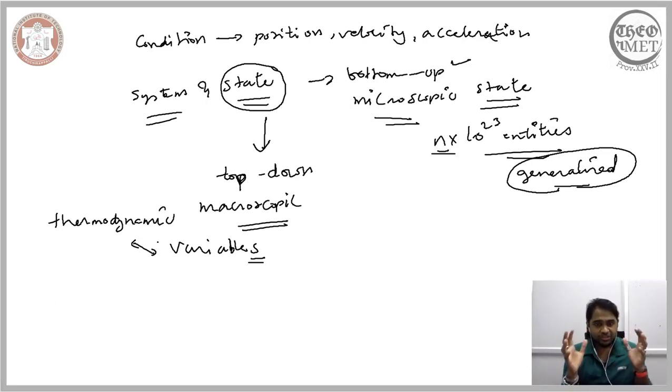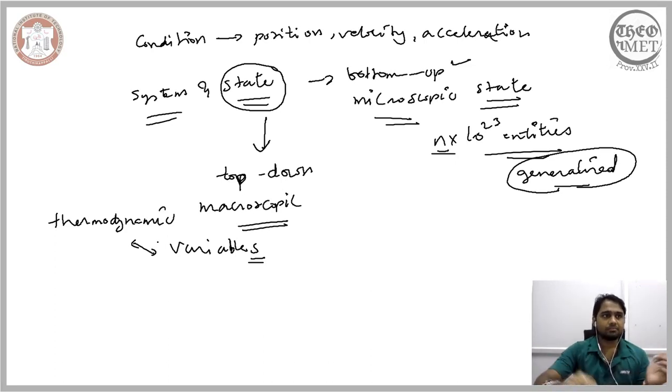When we say the state of the system is fixed, it's not fixed on the macroscopic scale alone. Whatever individual variables each of these entities is associated with are also fixed when you fix the thermodynamic variables. So the bottom line is that these thermodynamic variables help us describe, or to view it another way, fix the state of the system.